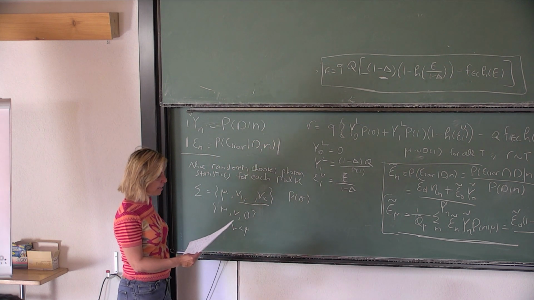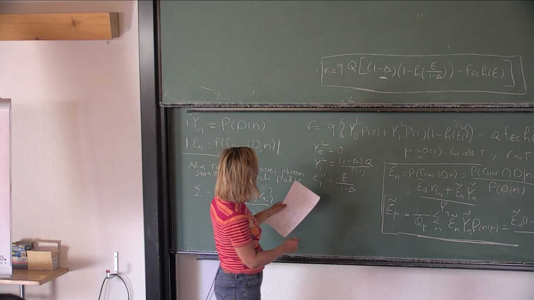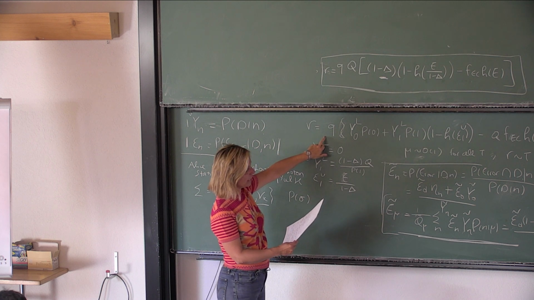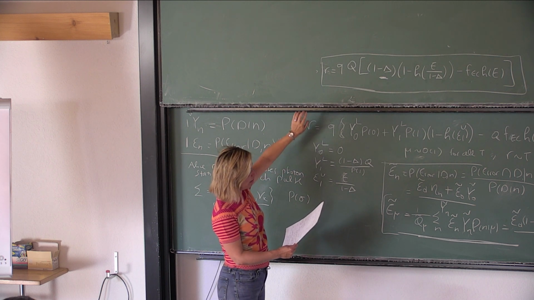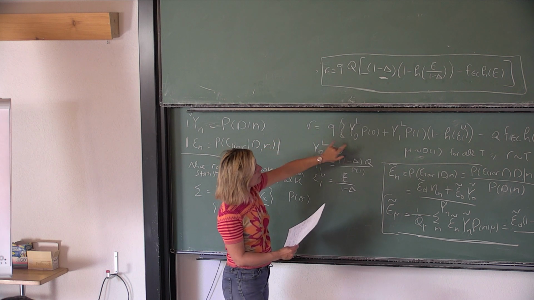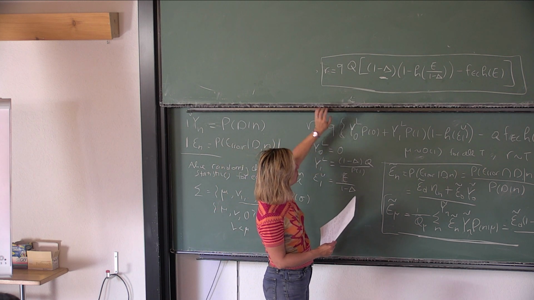So this is the expression for the secret key generation rate as a function of all these parameters for this decoy state protocol.